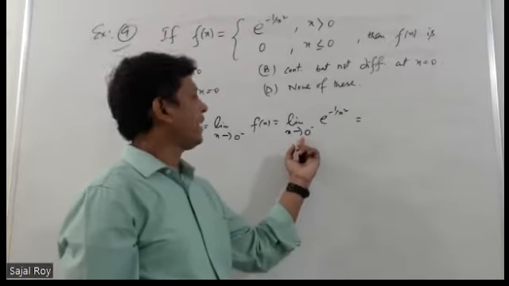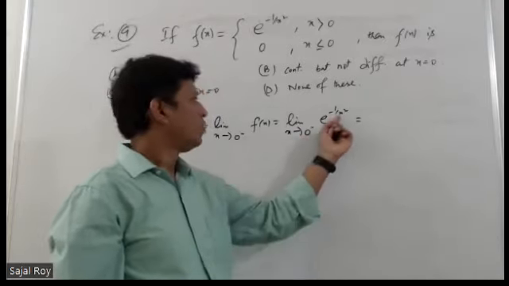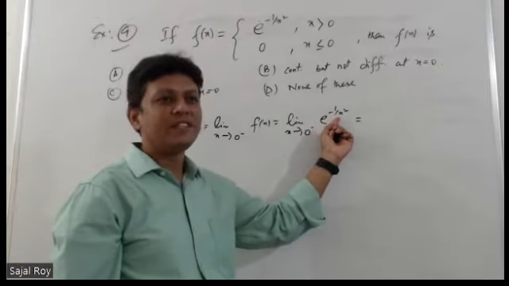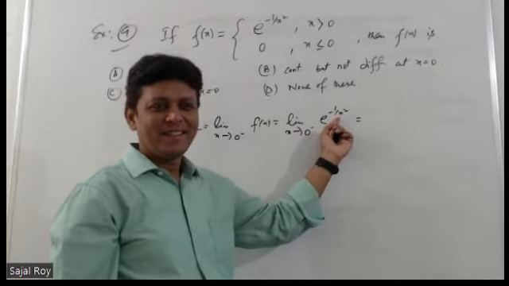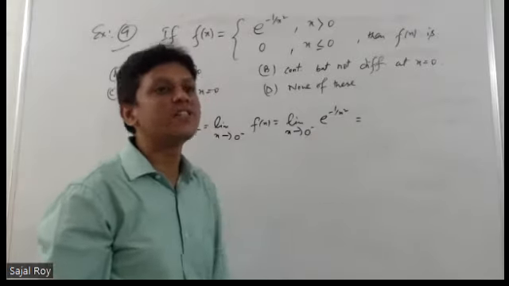You can take any negative value close to 0. So 1 by x square goes to infinity, and e to the power minus infinity is 0.